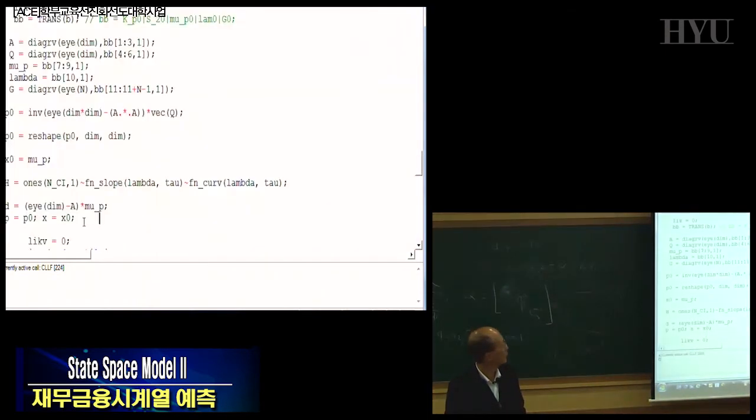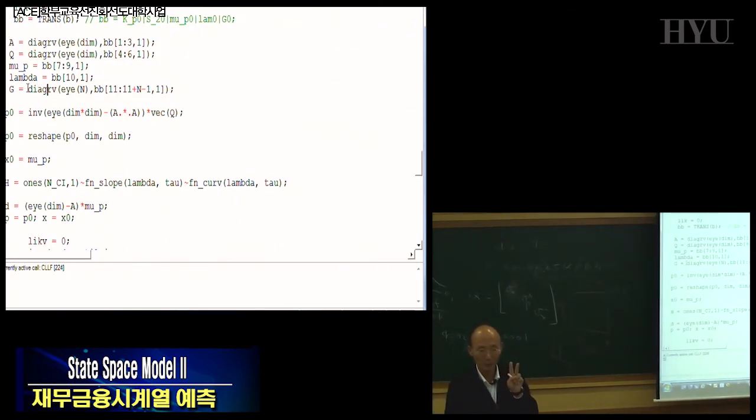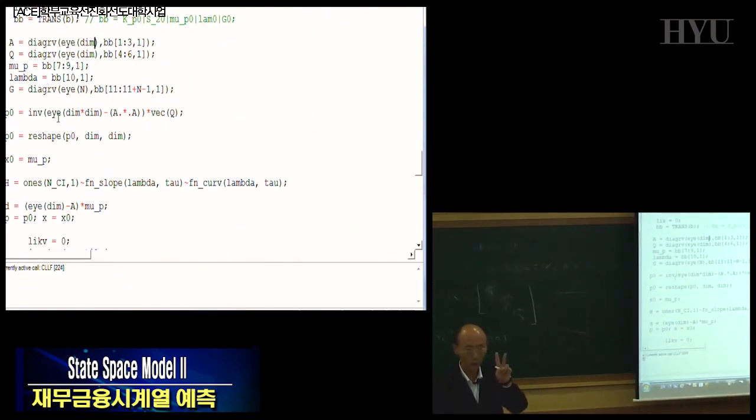Your problem may have different definitions for A and Q and so on. If you're simply estimating, let's say, a 2-factor model instead of 3, ignoring, let's say, the curvature factor, the third factor, then the dimension is going to shrink to 2 from 3.